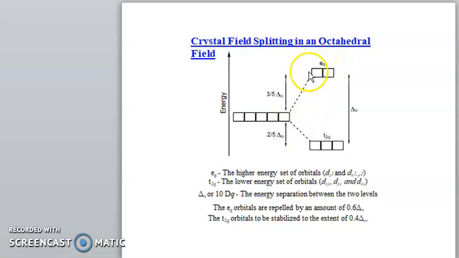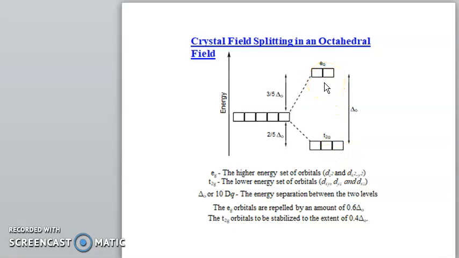So this is the splitting in an octahedral compound when the ligand field is applied to the d orbitals, so they get split into these two sets, that is T2G and EG.